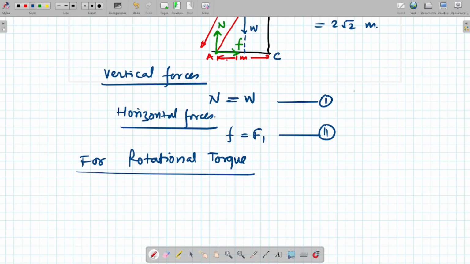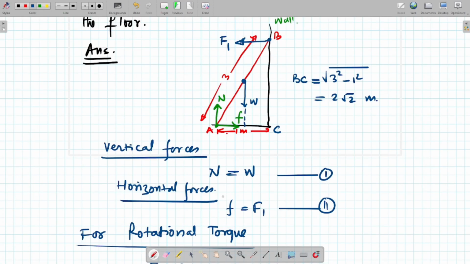The clockwise torque will be, one will be W. So we can say F1 multiplied by BC, right? F1 multiplied by BC, that will be your anti-clockwise torque. Okay, F1 multiplied by BC, and that would be equal to what?